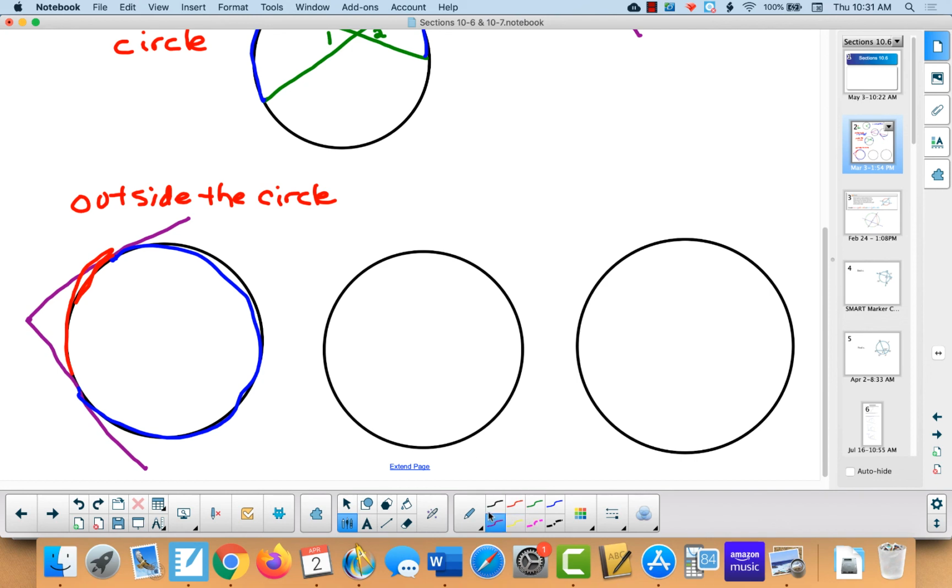We can have a secant and a tangent intersecting outside the circle. When that happens, we get three arcs. The two inside the angle are the intercepted arcs.